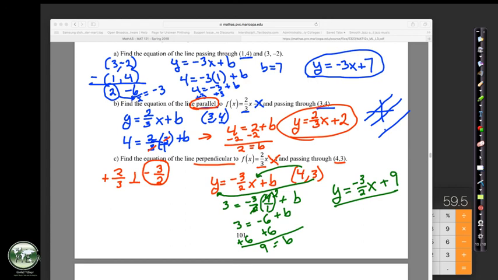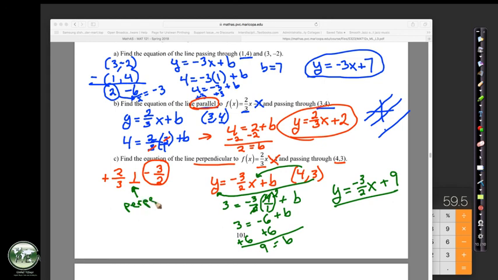Any questions before we, yes? Question. On C, it looks like a 1 with an underline under it. What does that mean for the equation? Over on the left-hand side. Yeah, right there. Oh, thank you. That's the symbol for perpendicular. I didn't describe what that means. I don't know if it's a mathematical symbol or if it's just what my teachers used, so I use it, but it's my way of saying perpendicular.